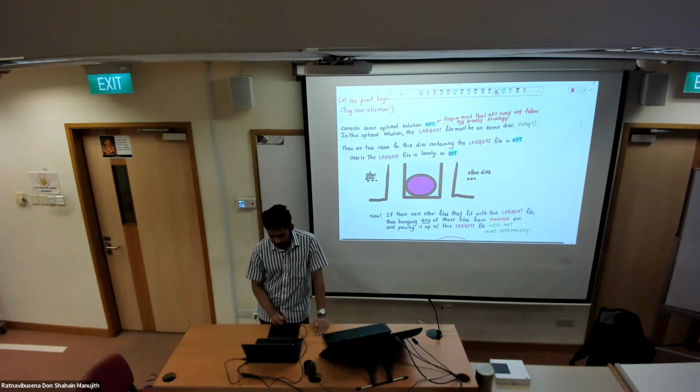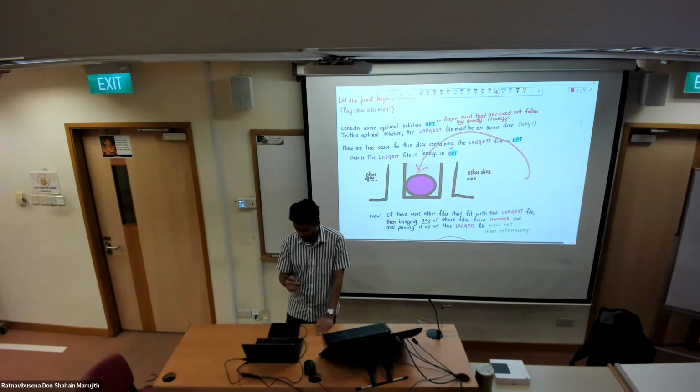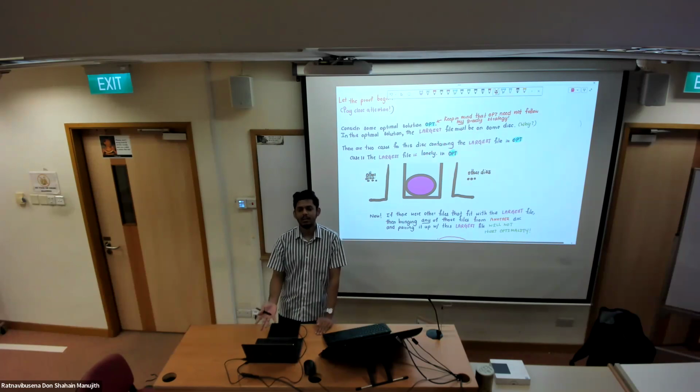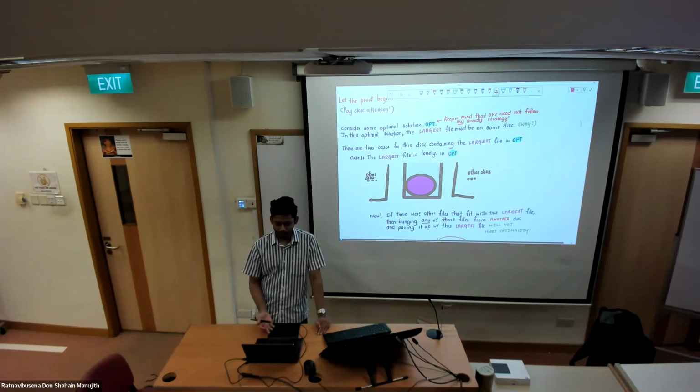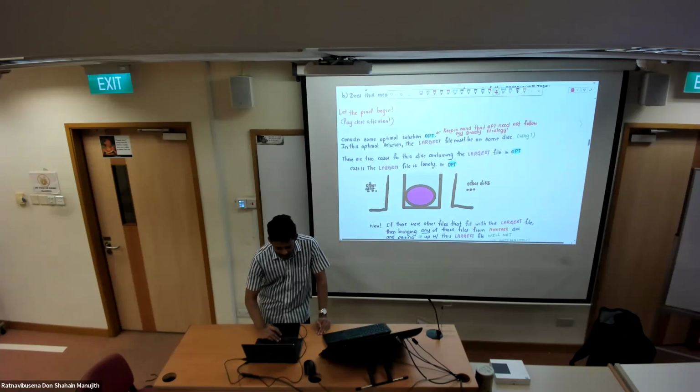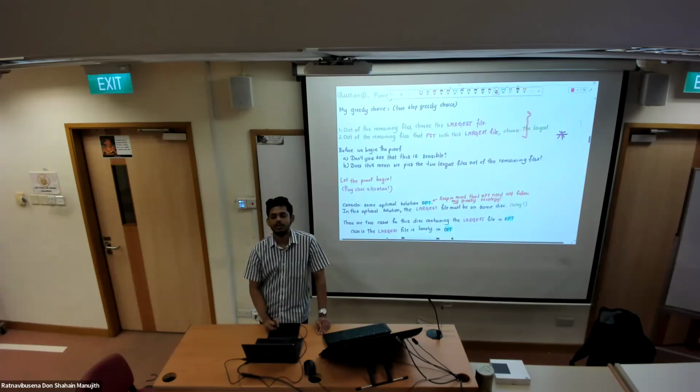So if there are other files that fit with this largest file, they must be in other disks. Even if you bring one of those files and put it on this disk with this file, it will not hurt optimality of OPT. In particular, you can also bring the largest file that fits with this file and pair it onto this disk. So even in this case we have proved this greedy choice.